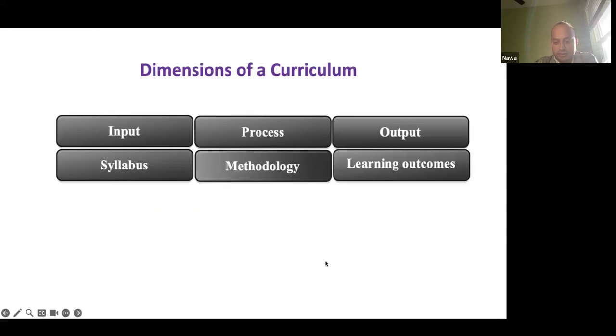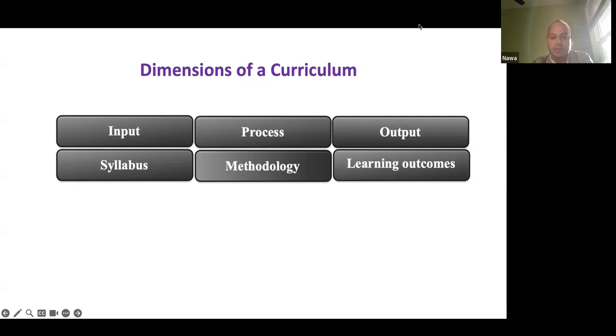So when we talk about curriculum design, there are basically three parts to it. The input part, where we decide the content and put together a syllabus.